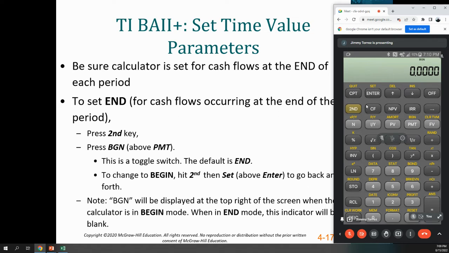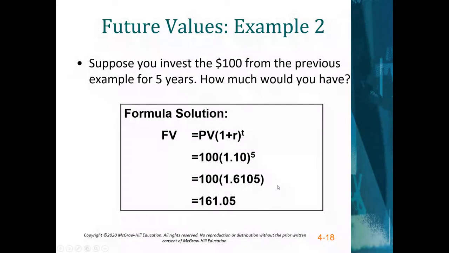I don't want begin, so I'm going to hit second, then BGN, which is above PMT, and then second set to get end. There I have it. And then I'll hit clear, and now the BGN's not up here anymore, so we know we're at end.